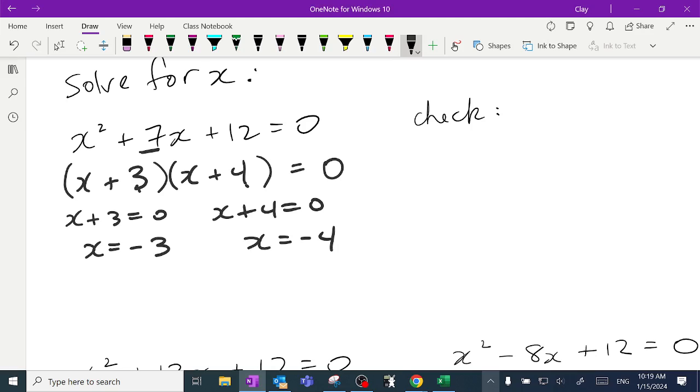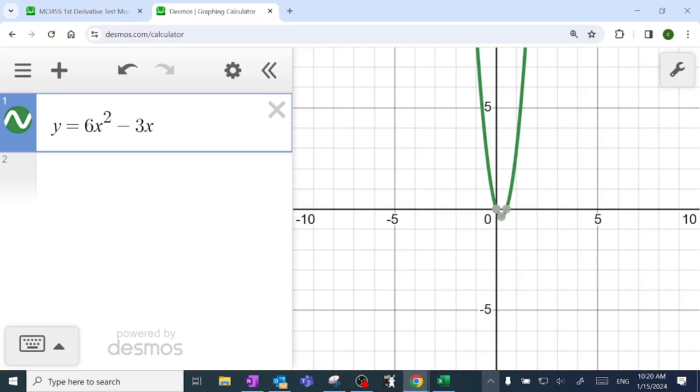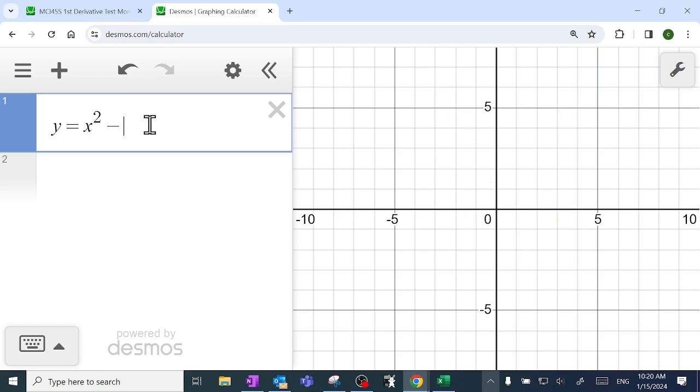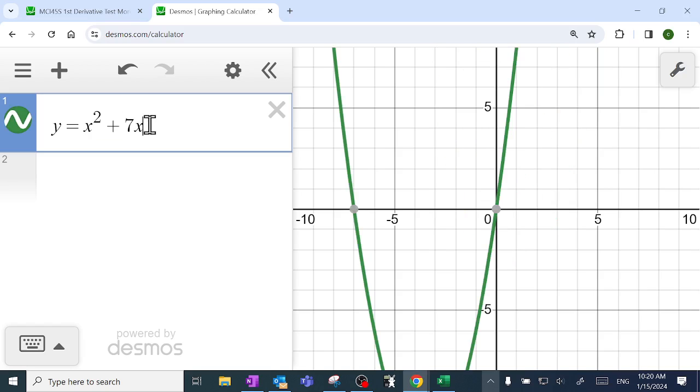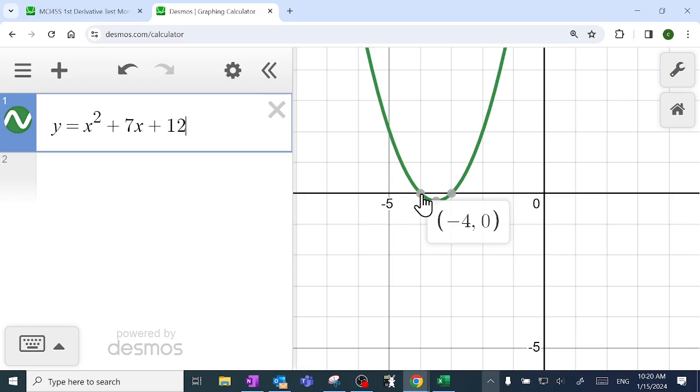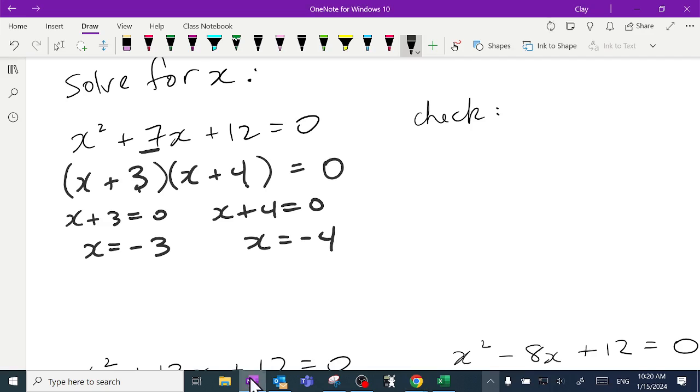Notice neither of those is 0, which makes sense. If I, again, graphed y equals x squared plus 7x plus 12, I get two answers for the x-intercepts, negative 4 and negative 3, which is the same thing I just got here.